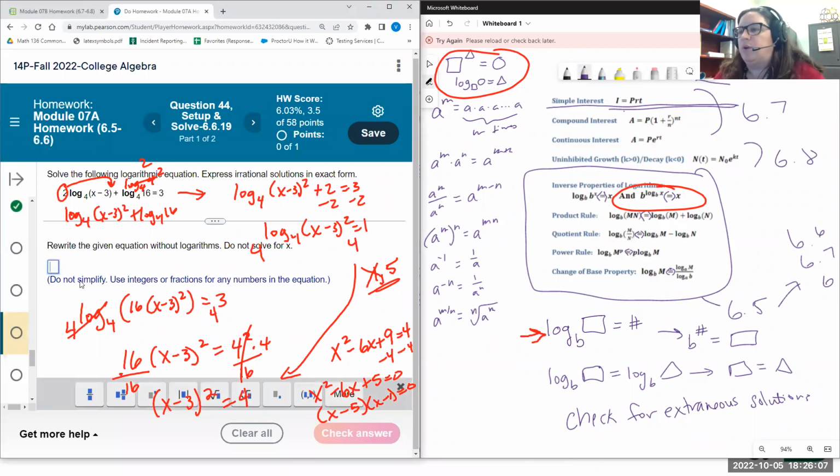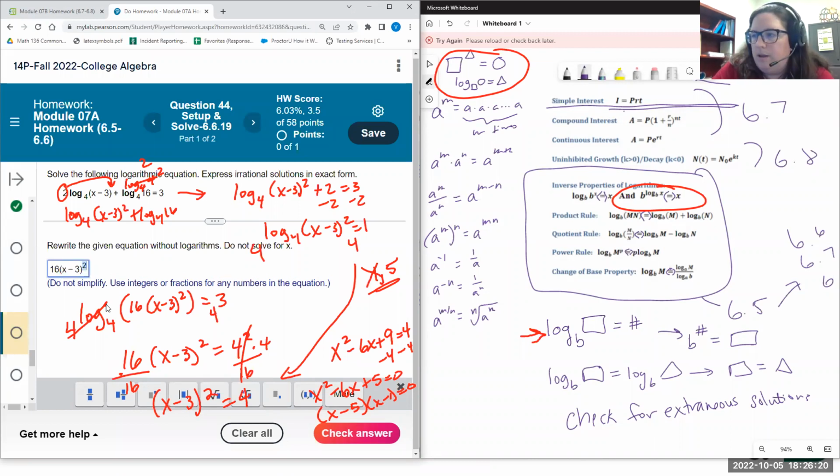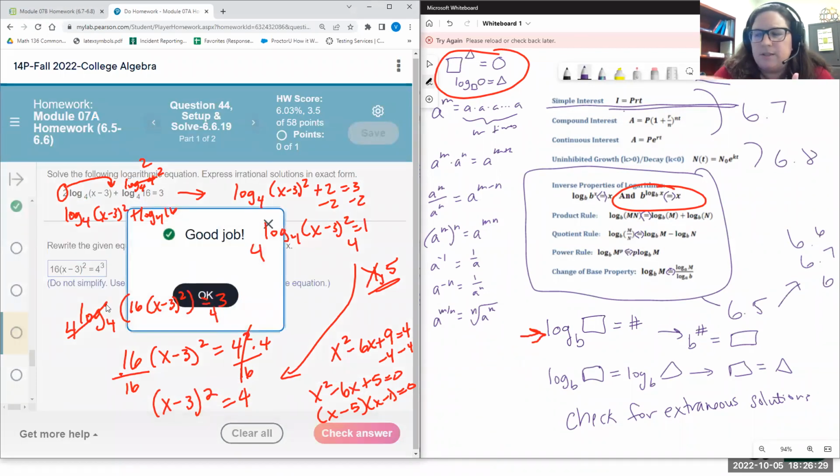But again, they wanted this rewritten without logarithms. So they want that step at the point where the logs have been undone. Let's see if it'll accept 16 times (x minus 3) squared equal to 4 cubed. Yeah, so it's not real picky. It just wants some point in the process after the logs have been removed.